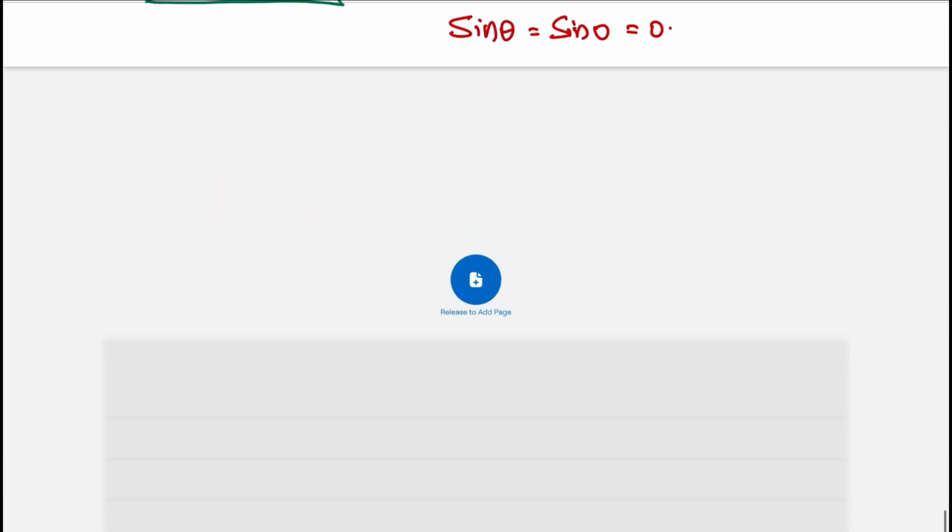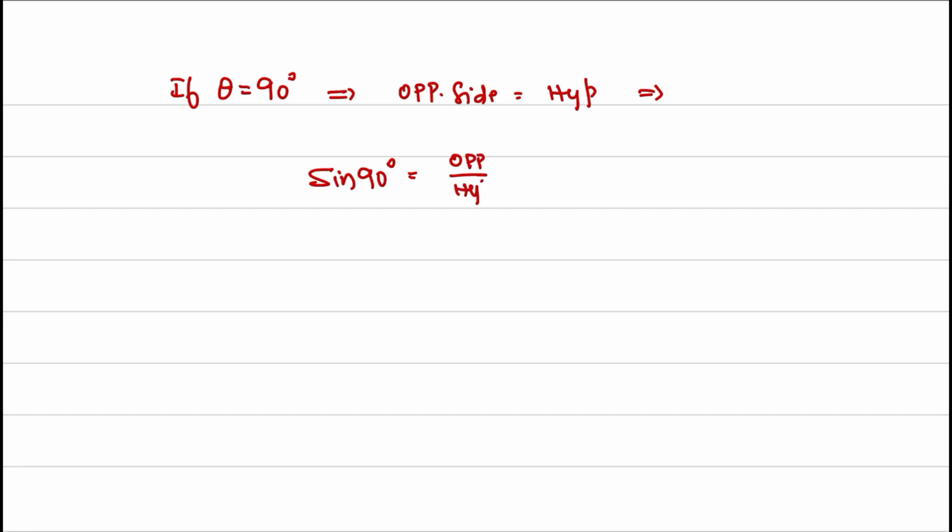That means the opposite side will be the hypotenuse. If theta is equal to 90 degrees, perpendicular, then the opposite side will be equal to the hypotenuse, which implies sin 90 degrees is equal to opposite side by hypotenuse. The opposite side is the hypotenuse itself, so that is equal to 1.